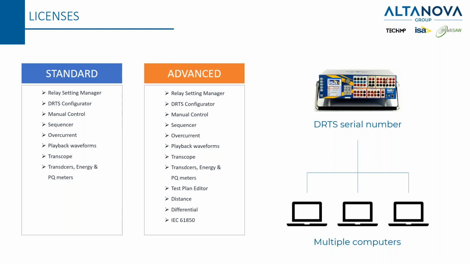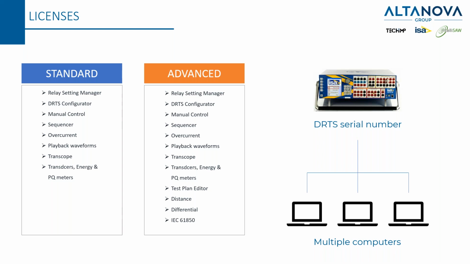So again, with the same price, you will get also the advanced TDMS Pro license. But in case you are not interested to use the distance protection module, the differential, the 650, and also the test plan editor, then you can ask for the standard license, and then you can get a price reduction.